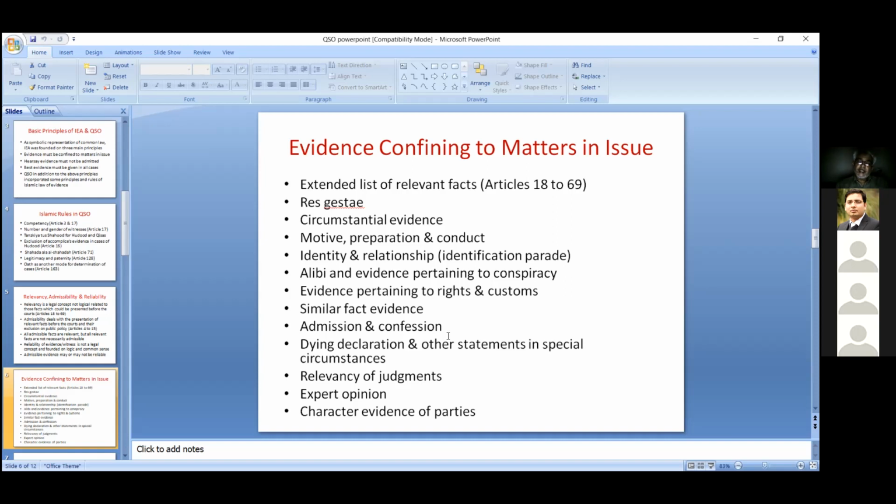Because the science of DNA has accomplished much, and the margin of error has been reduced to nullity. That's why DNA evidence is given much more value as compared to the evidence of any other medical professional who is before the court and gives evidence about injuries and cause of death and something like this.